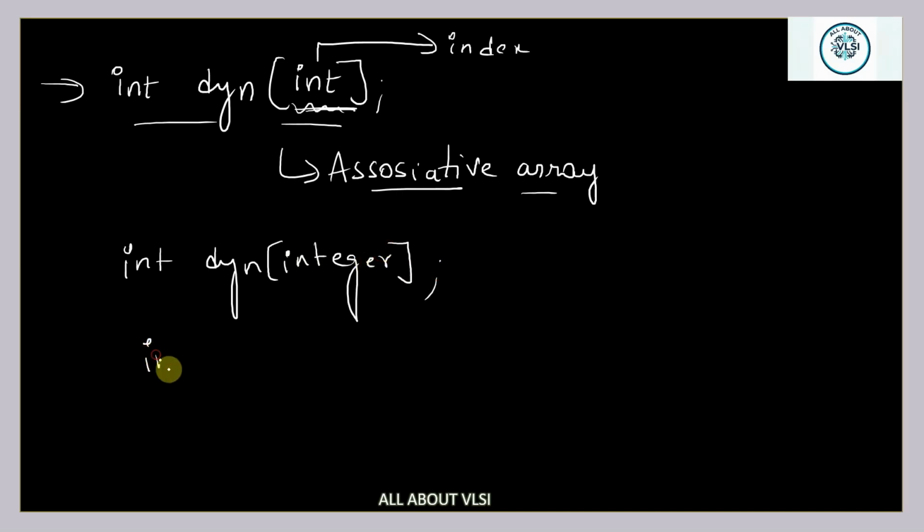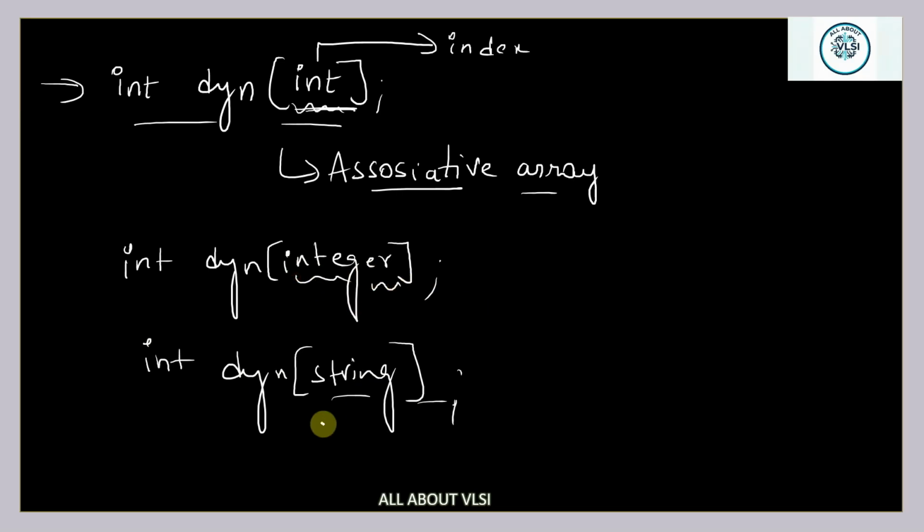If I specifically mention that my index should be string only, then it will be of type string only. So you have the flexibility to mention the data type of your index. If you write star, then you include all the data types as your index. You can have any data type as your index. You can mix the data types.